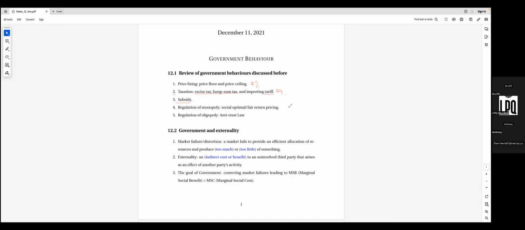Number 4 is monopoly. Monopoly is notes number 9. So this is notes number 1, where earlier you already learned what a subsidy is. In notes number 9, monopoly.